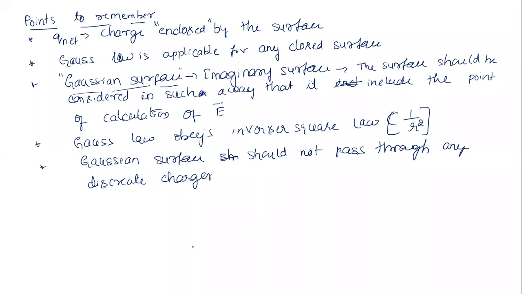There are three applications that we need to know. They will help us find the electric field due to those using Gauss law. So let us go one by one through the applications of Gauss law.